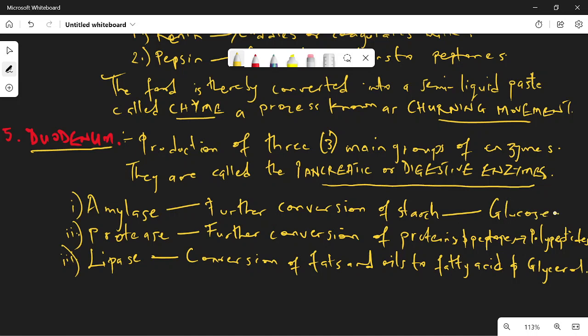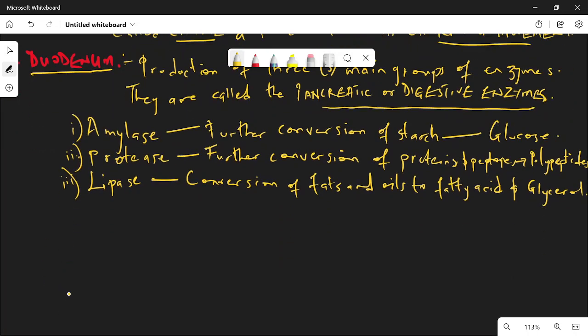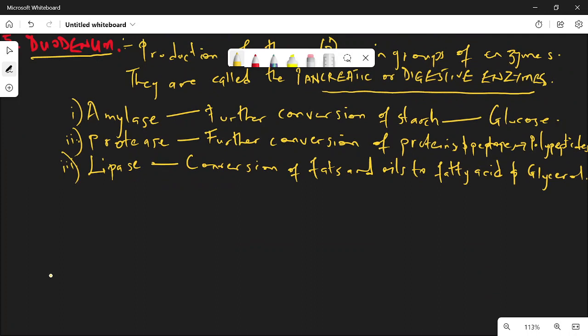So all of these three major groups of enzymes are found in the duodenum. Also in the duodenum, we have the action of a particular enzyme, or let me call it a substance.